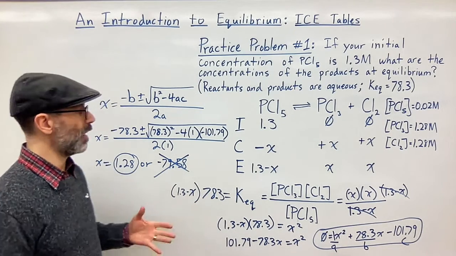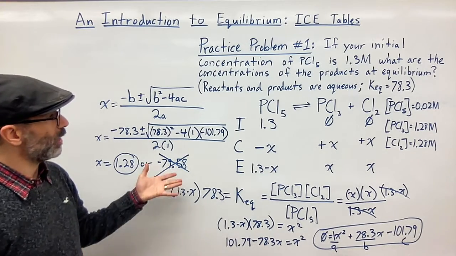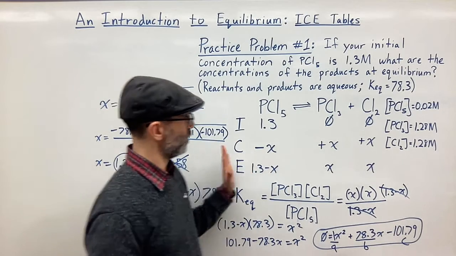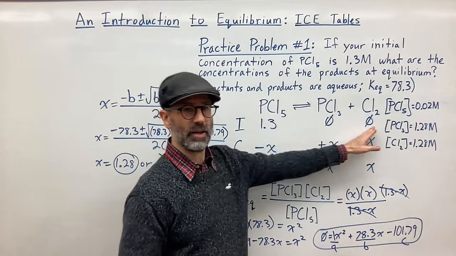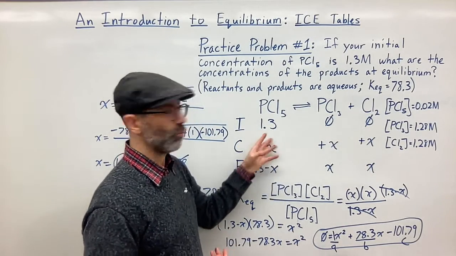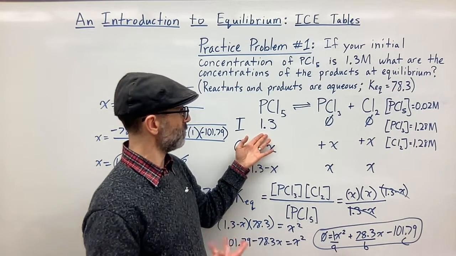Another thing I want to point out is that you could do this problem by assuming that all of the reactant becomes product first. You'd have to change this to moles if you're given the concentration.